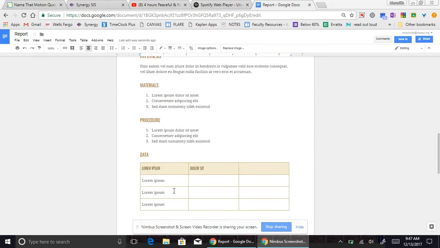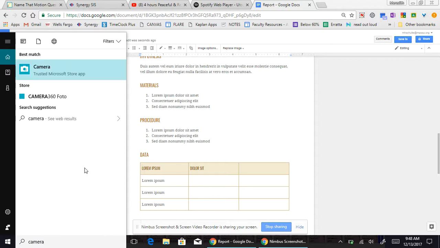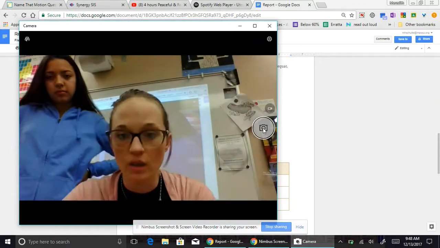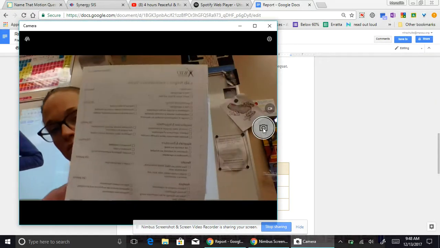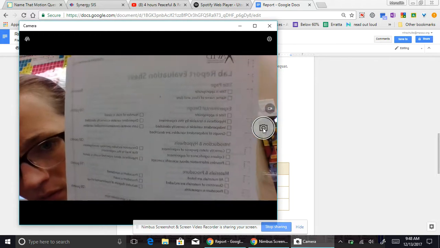So this lab report evaluation check sheet, which we're using to grade it. Lab report evaluation check sheet from Avid.